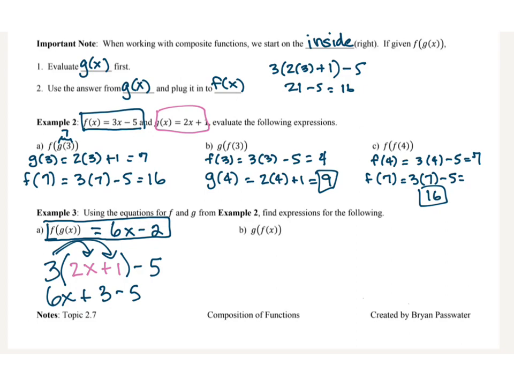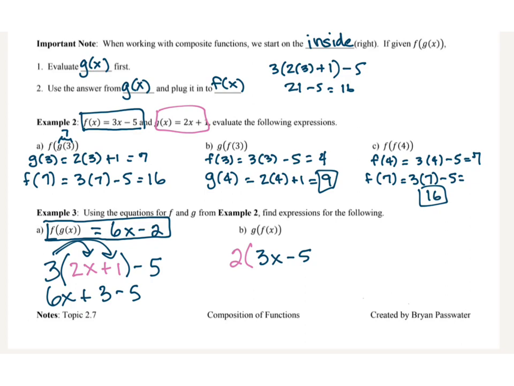Okay, so I start writing the outer function. When I hit x, I pause, open parentheses, insert the inner function, close parentheses, and then finish. On the second one, I used pink for g, so here we go. 2, open parentheses, and in place of x, I'm going to put f of x, which is 3x minus 5.